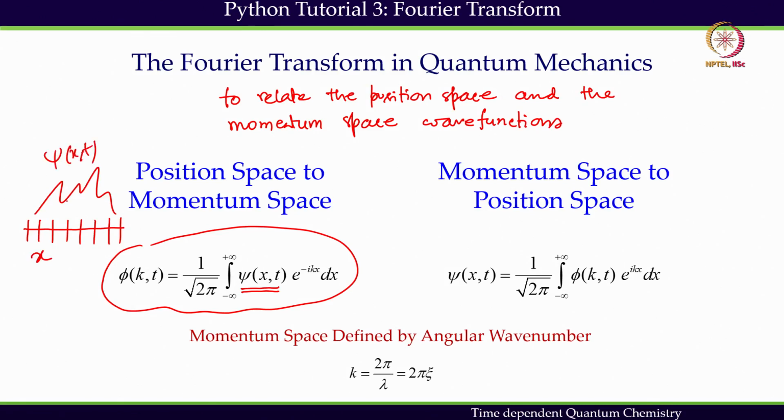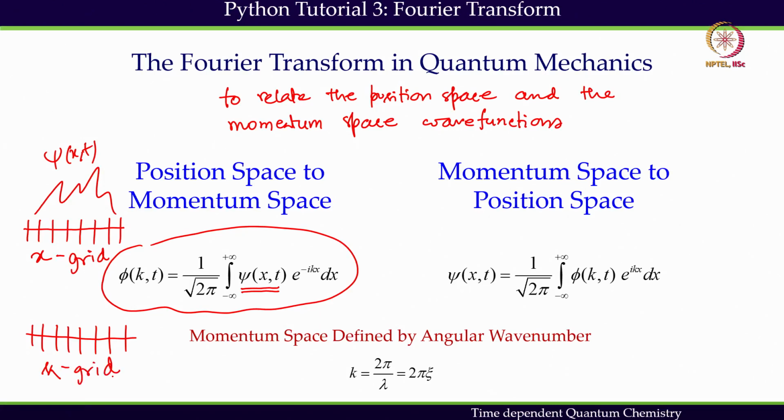and if you want to convert it to momentum space, it is going to have the same number of grid points, the same number of elements. This is your x grid and this is your k grid.